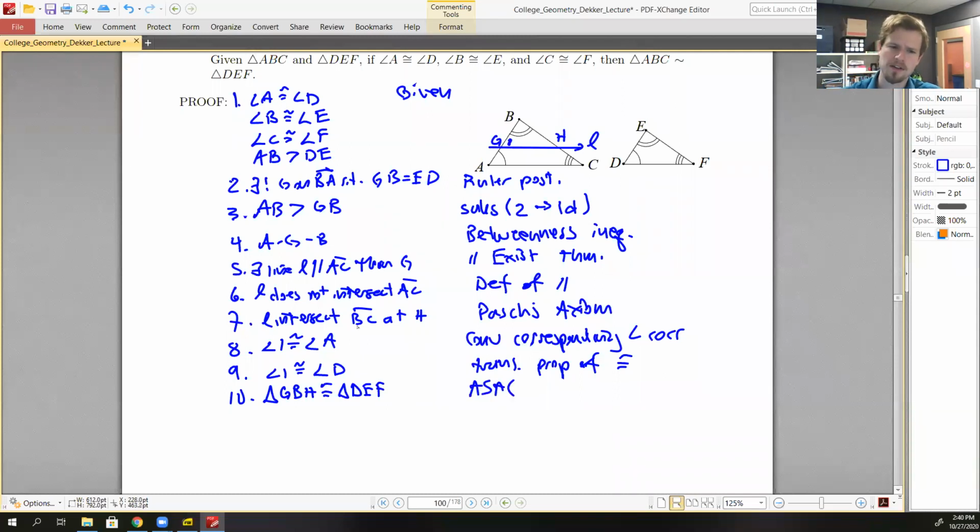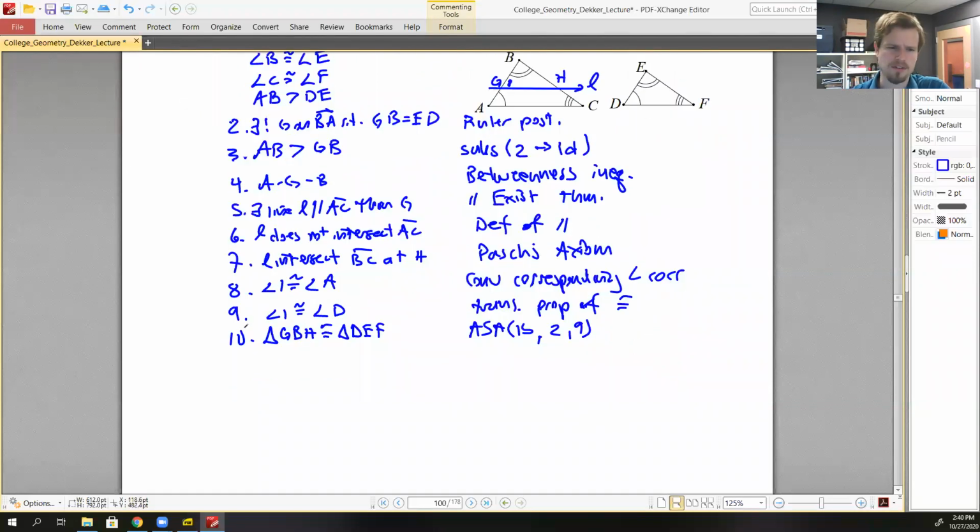Where the first angle is, we can call it B is congruent to E, so that's 1B. And then the side we found, so that's by number 2. And then we have, let's see here, we have this angle, so that would be number 9, line 9 there. Excellent. So angle, side, angle gives us congruence.